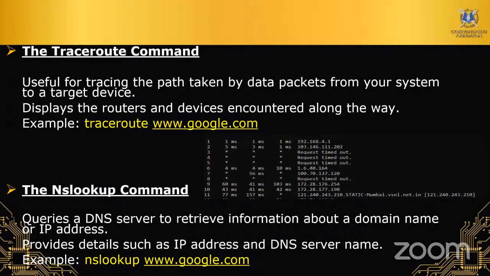When we use the traceroute command, our computer sends a series of packets towards the target. These packets have their time to live, which is TTL, which we have already seen in the ping command. Each packet has its own TTL value.